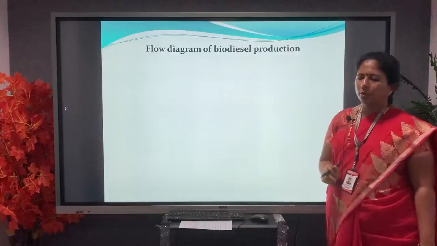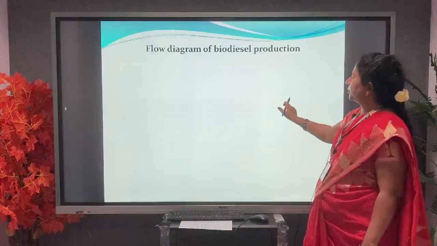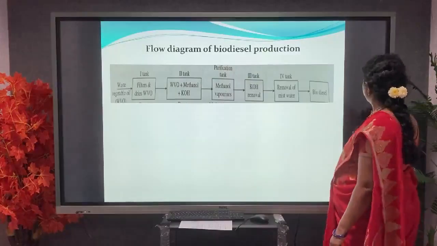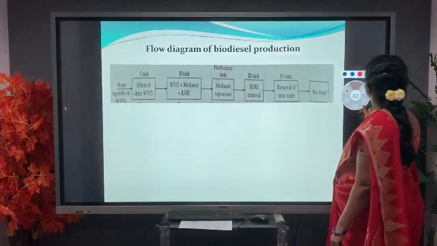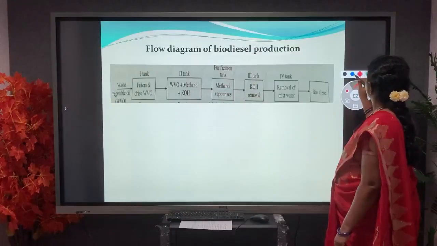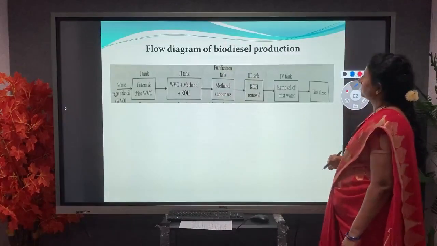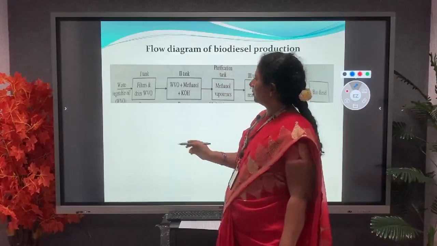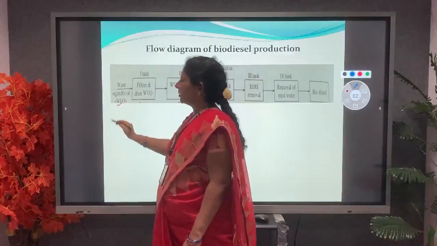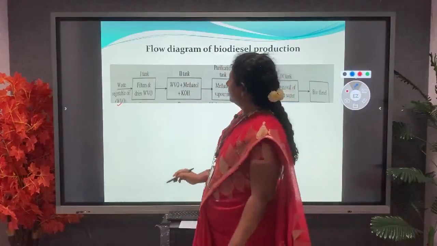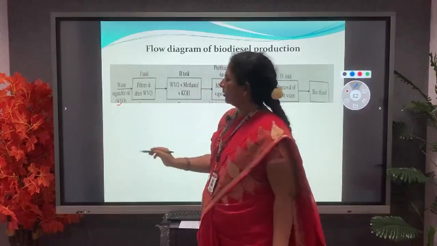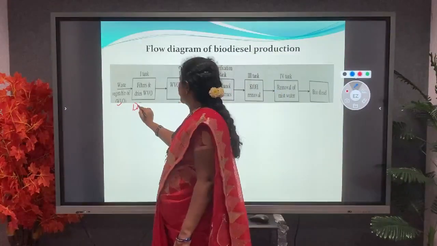So now I will show you the flow diagram of biodiesel production. We will be taking the waste vegetable oil. The first tank is called the dryer.